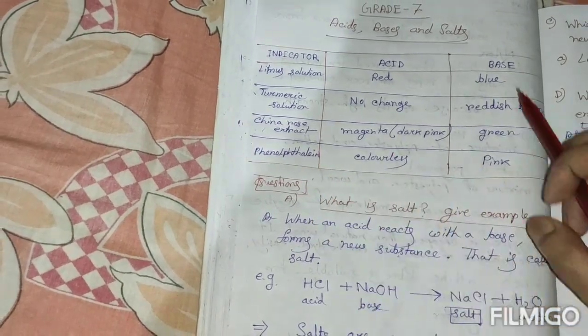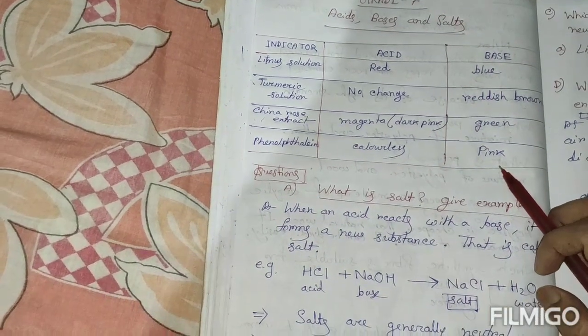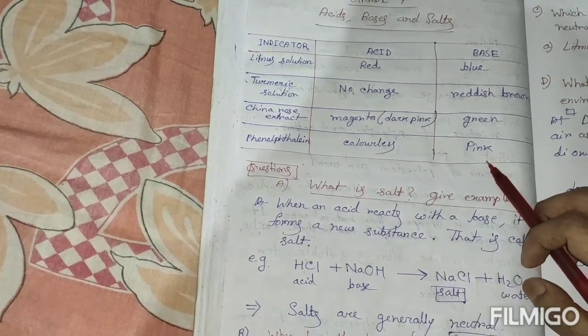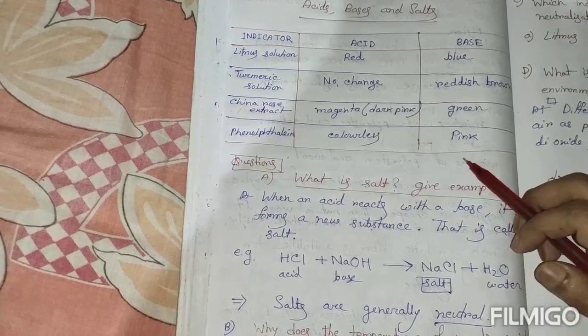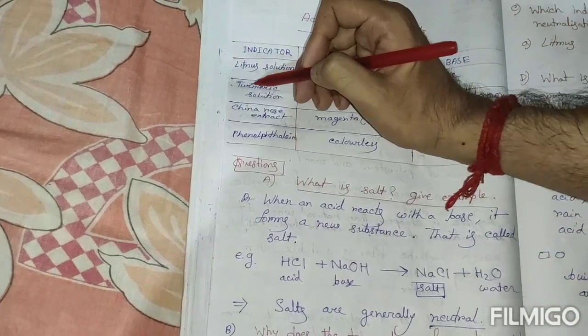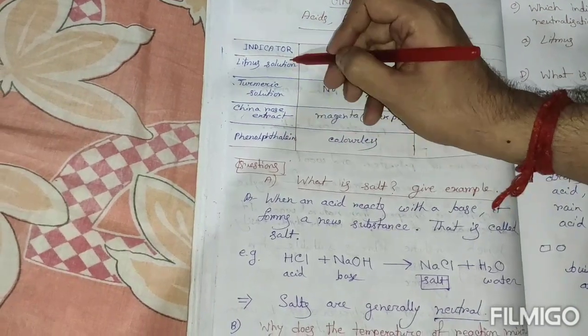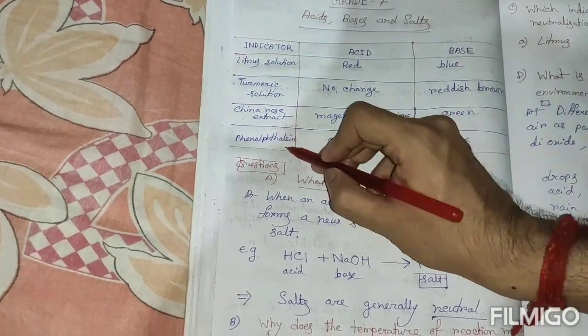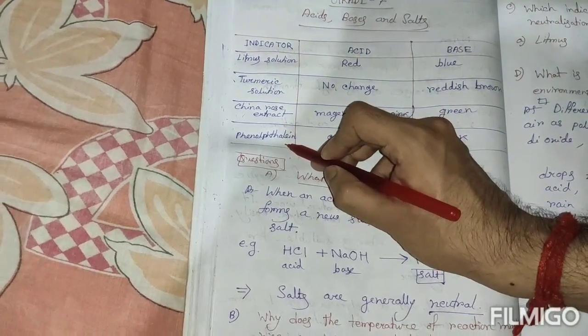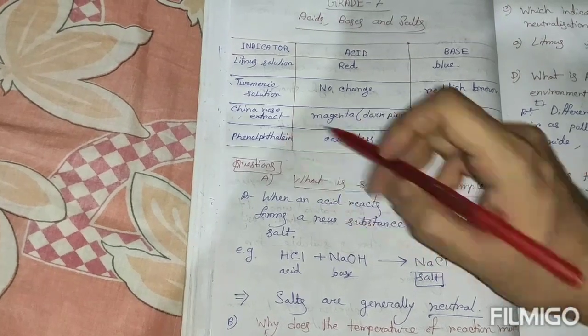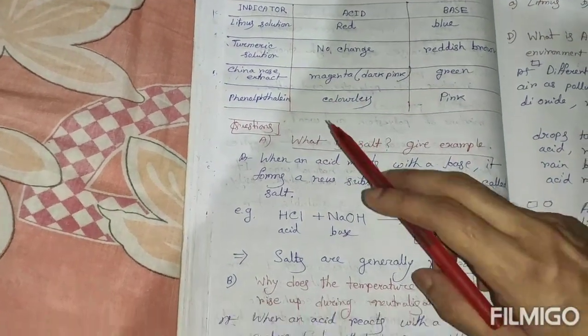When added into base solution, it changes into pink color. It turns pink, right? And here one important thing: litmus solution, turmeric solution and China rose extract are all natural indicators, but phenolphthalein is not a natural indicator. It's a synthetic indicator. Just keep this in mind.